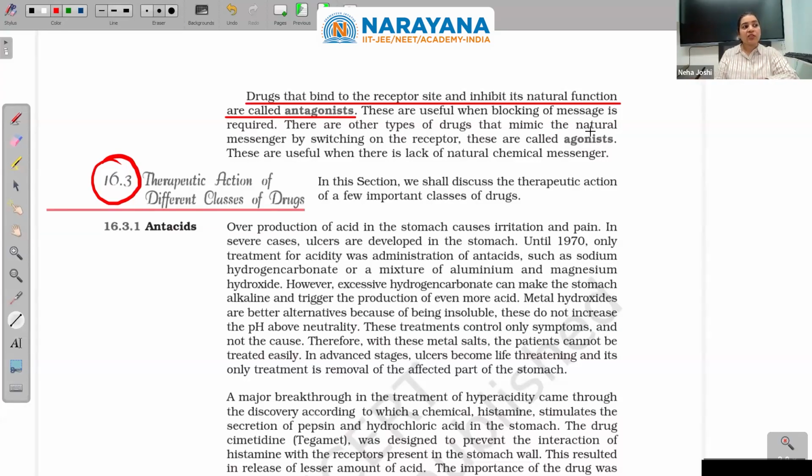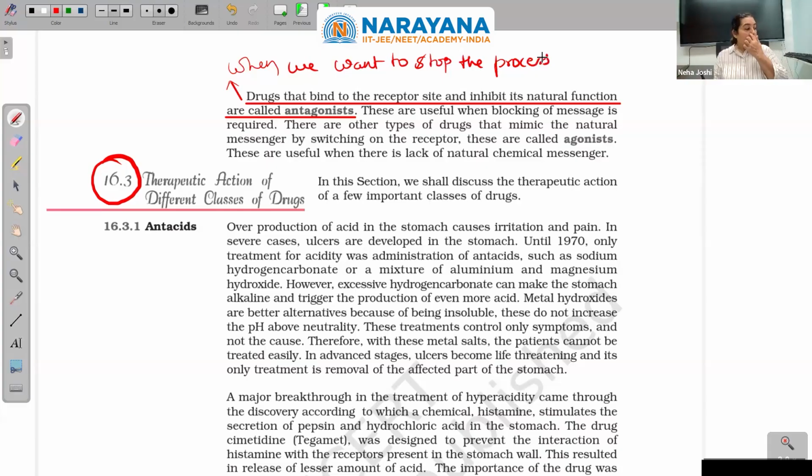There are other types of drugs that mimic the natural messenger by switching on the receptor. Now see, these antagonists will be used when we want to stop the process.